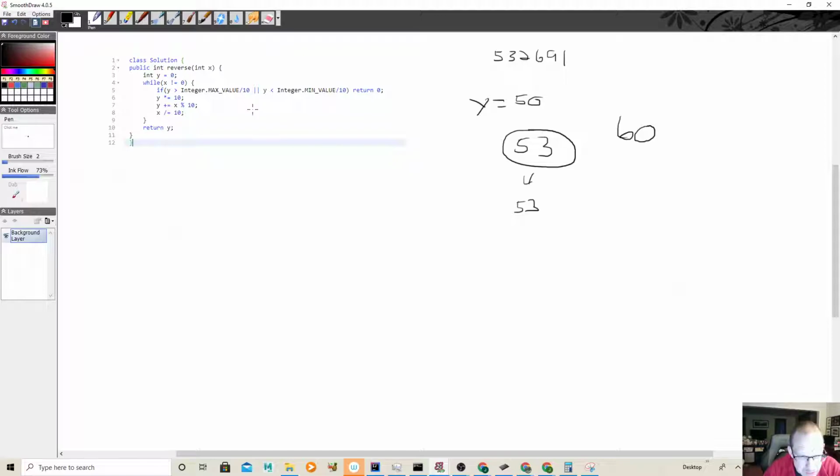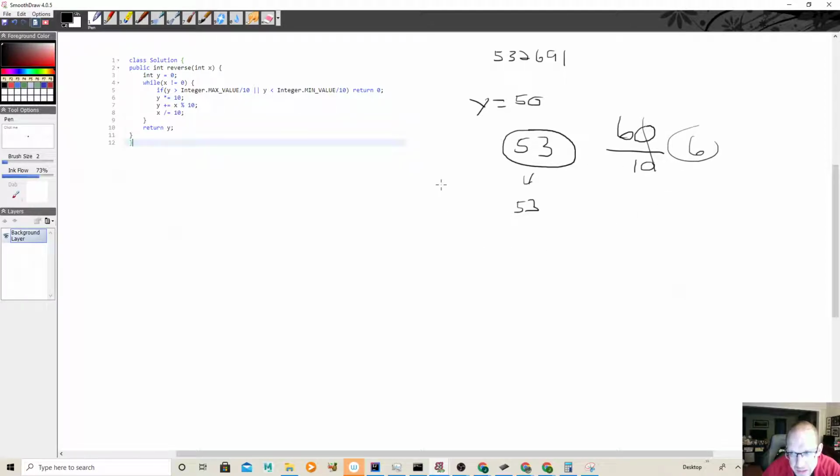Now integer.max value is a 32-bit number. You could go look it up. I forget what it is offhand. Is y greater than the max value divided by 10? So if I take this max value and I divide it by 10, you get 6. Is it? Yes, it is.